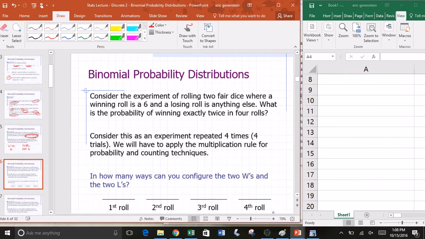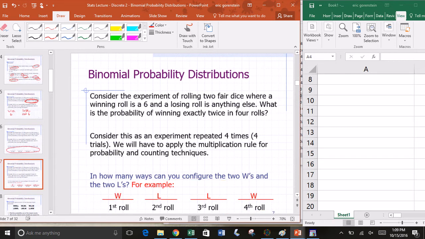So how many ways can you win twice out of 4 trials? Now you could think about it as how many ways could you place 2 W's down here? So this is sort of designating the 4 rolls. How many ways could we put 2 W's and 2 L's down there?